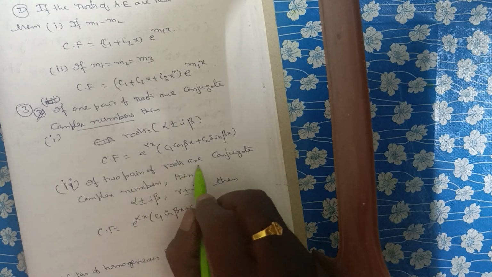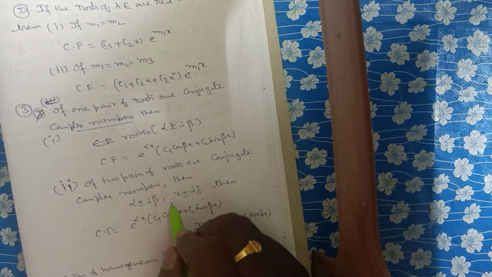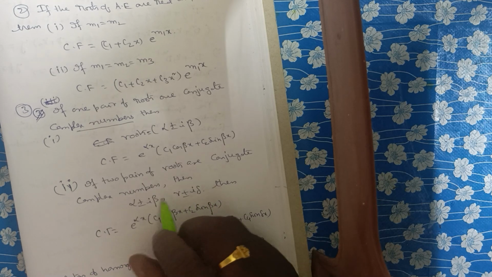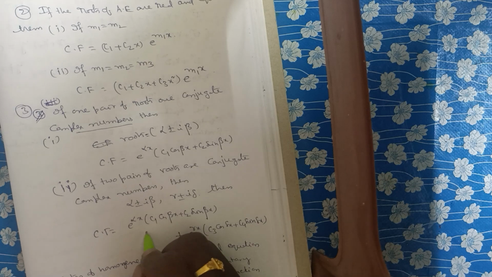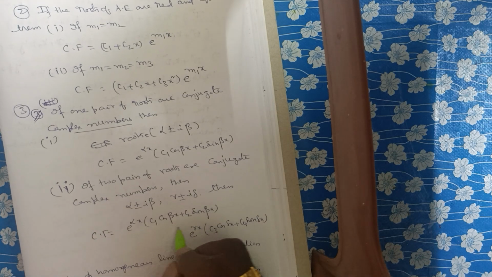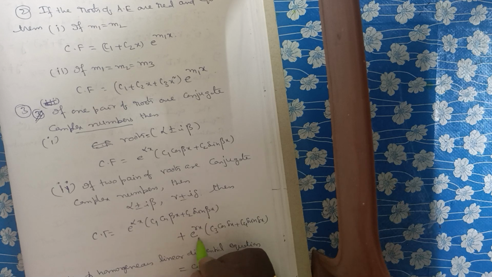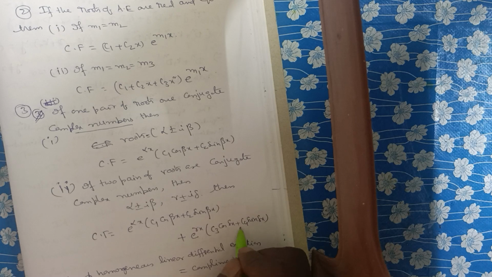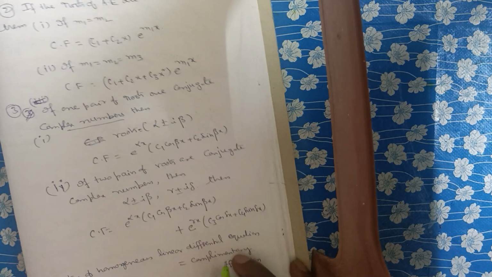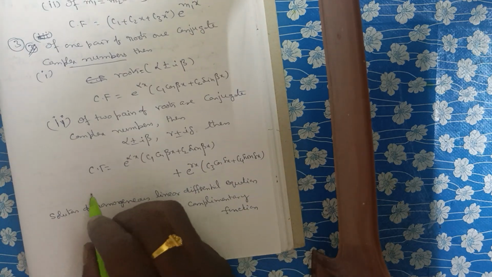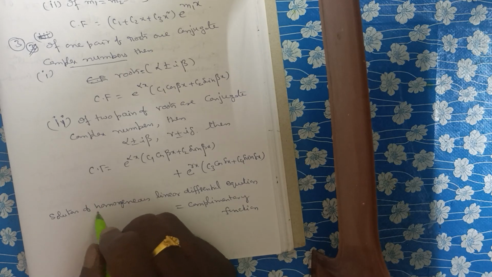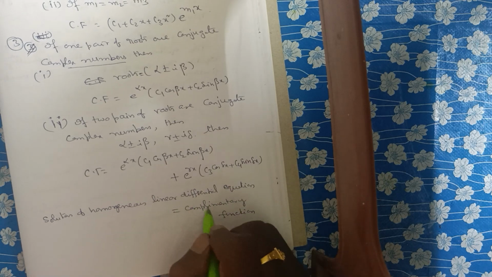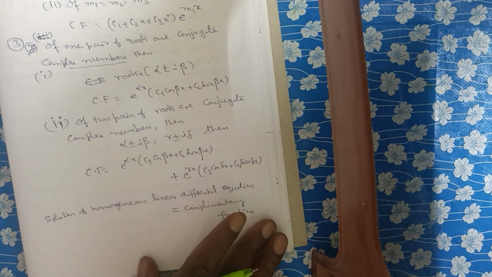If two pairs of roots are conjugate complex numbers, alpha plus or minus i beta and gamma plus or minus i delta, then the complementary function is e^(alpha x)(c1 cos beta x + c2 sin beta x) + e^(gamma x)(c3 cos delta x + c4 sin delta x). Here, by conclusion, we understand that the solution of the homogeneous linear differential equation equals its complementary function.